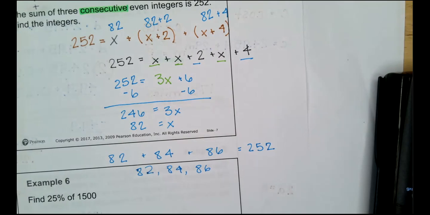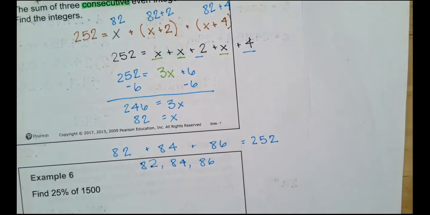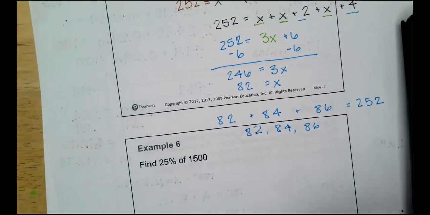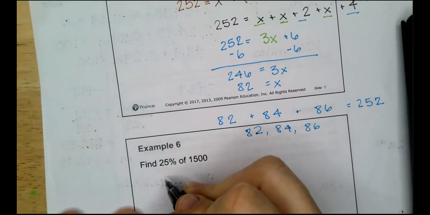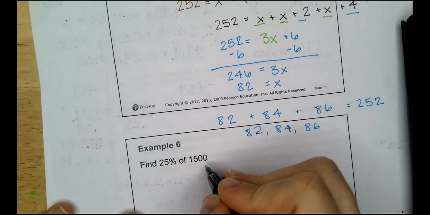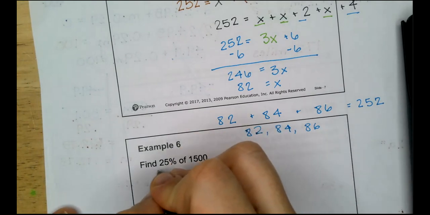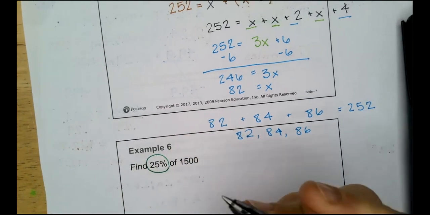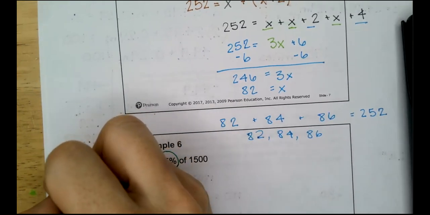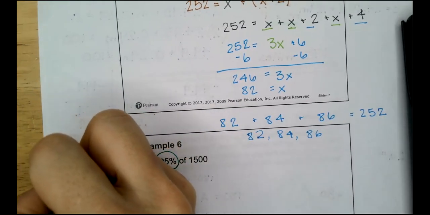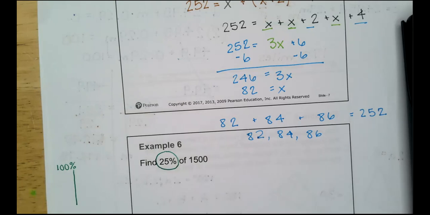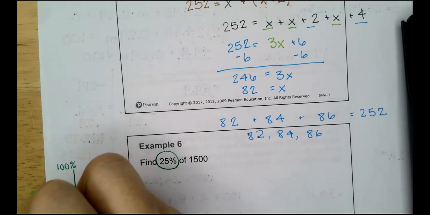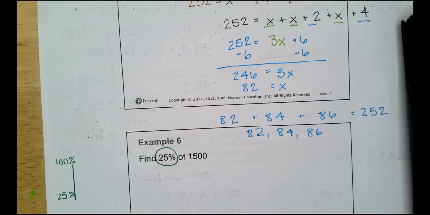All right, last 2 examples. Find 25% of 1,500. So make sure you know how to do percents. 25% of 1,500. Think about what a percent is. What a percent is if this is 100, right? Of something, if this is all of it, 25% is 1/4, right?